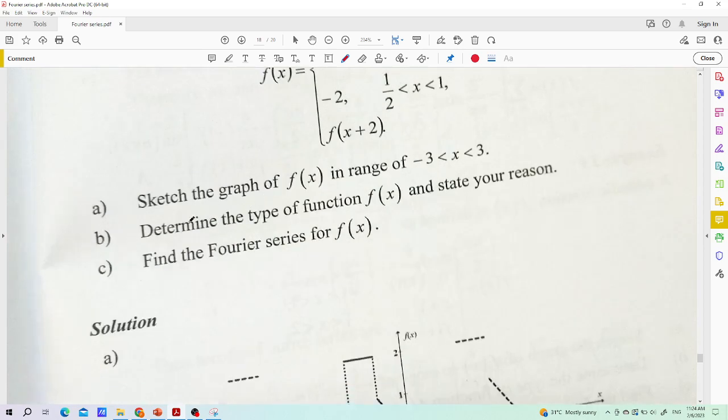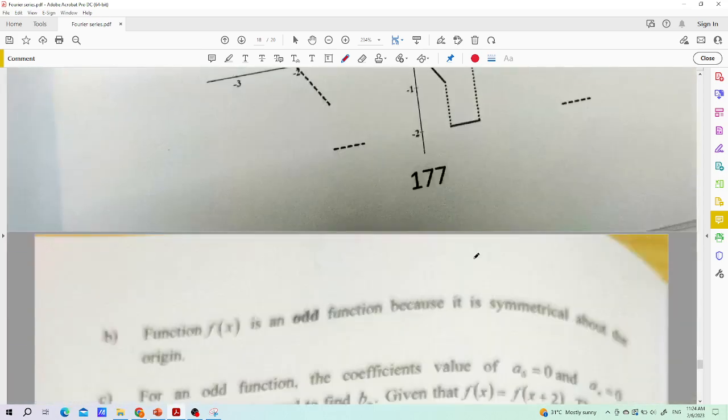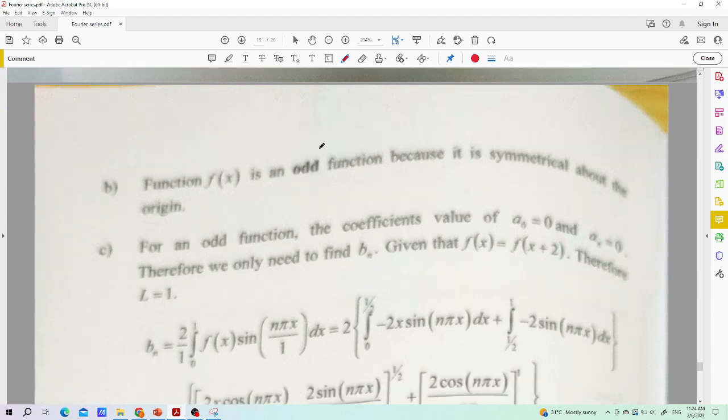Okay, first of all we sketch the graph, and then we say that it's odd because it is symmetrical about the origin.